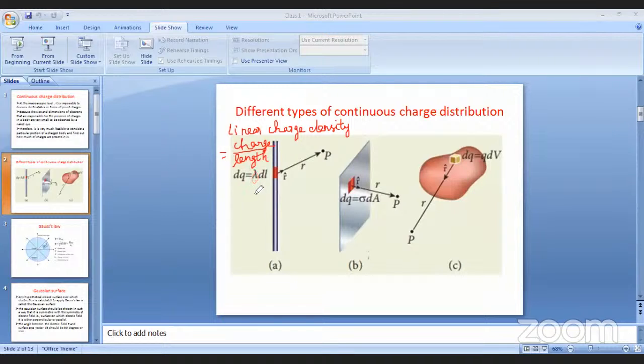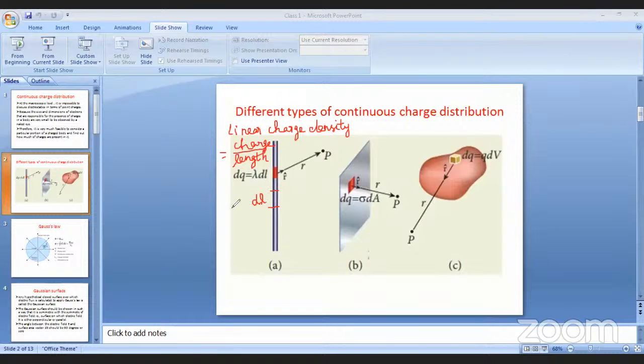Whenever you want to find a small amount of charge dq in this wire, you take a small portion of the wire as dl. Here I am marking this small portion of the conductor as dl.